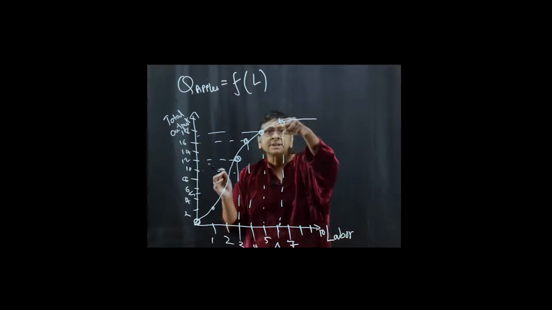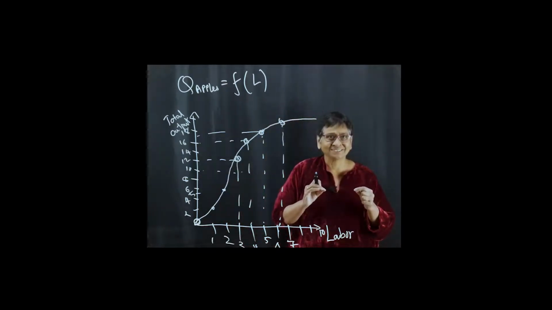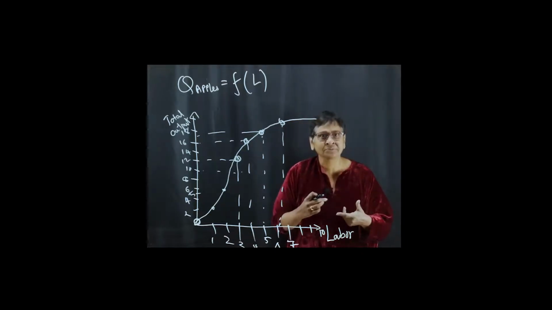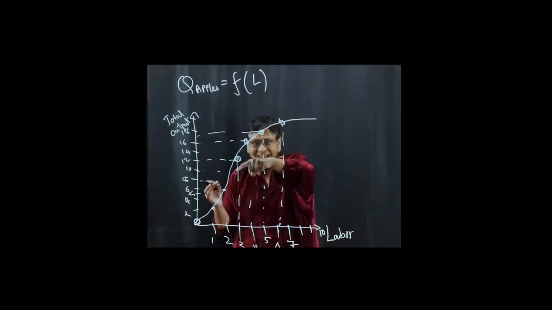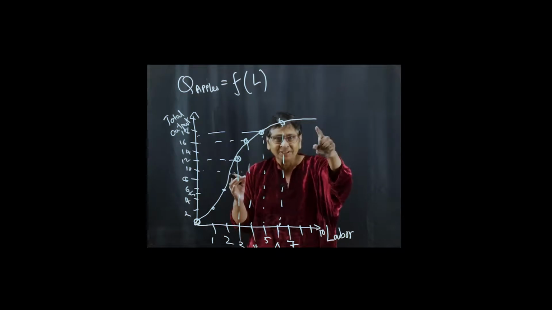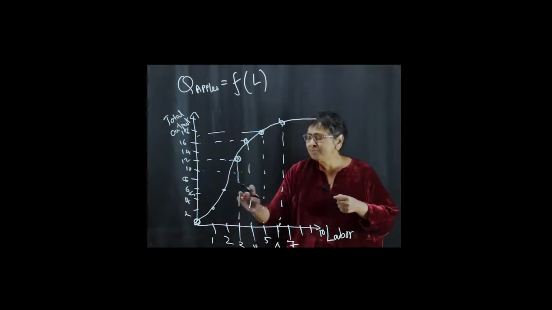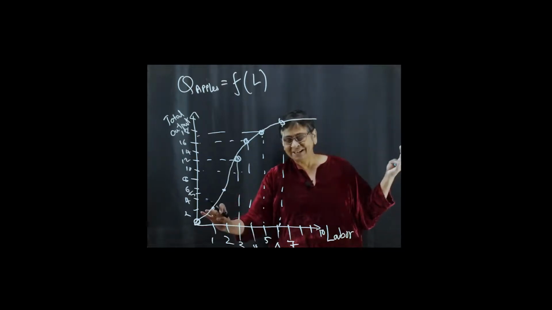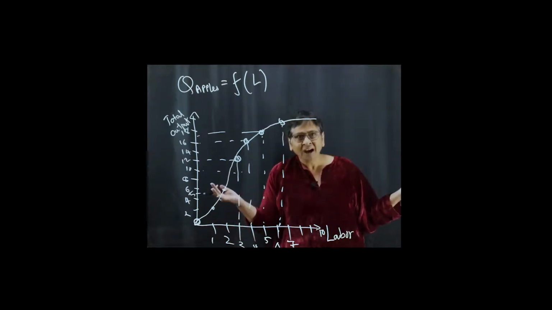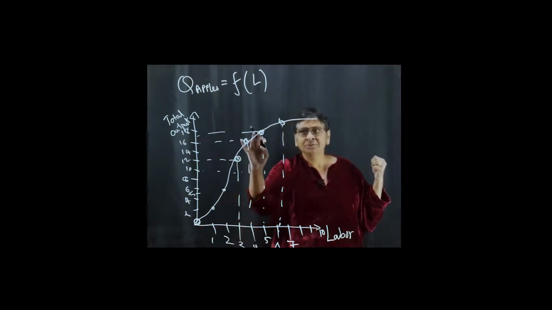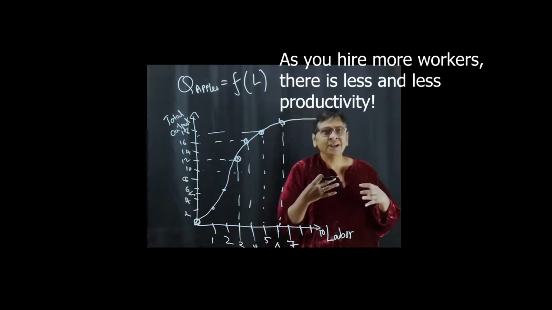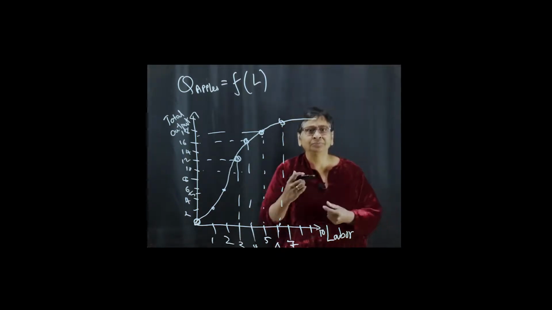So this idea of how production works is based on a concept of how productivity works. So this S shape reflects what we are going to call, maybe in the initial phases, your opportunity cost of what else you could get was not very high because your workers are highly productive. As you go further out into hiring more and more workers, then the extra productivity is not that strong.